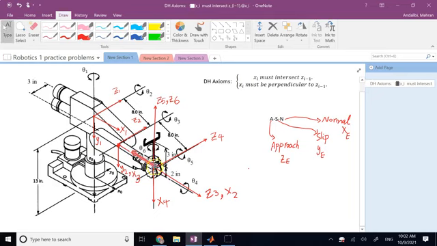Maybe too thick, but that should be okay. So the thick one over there is going to be y number 4.